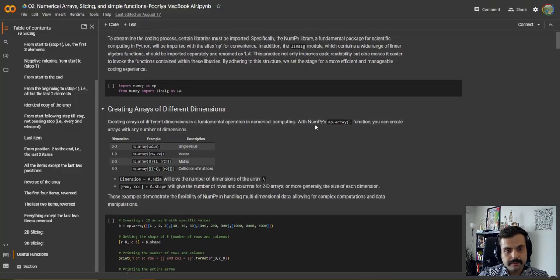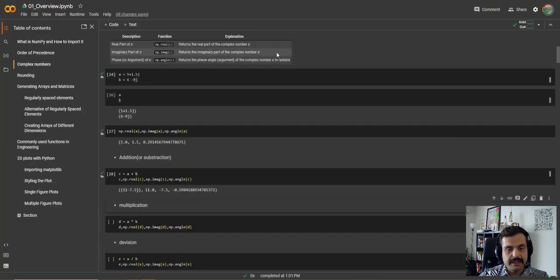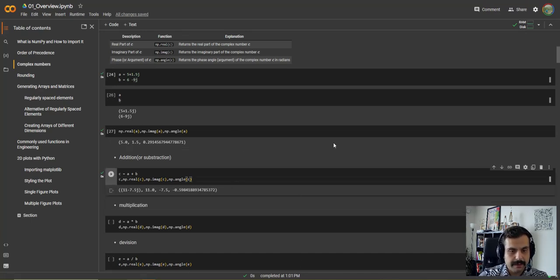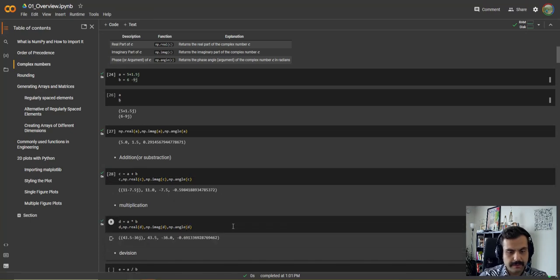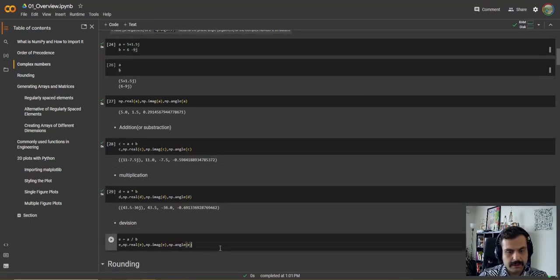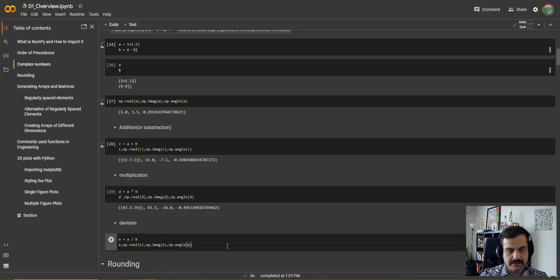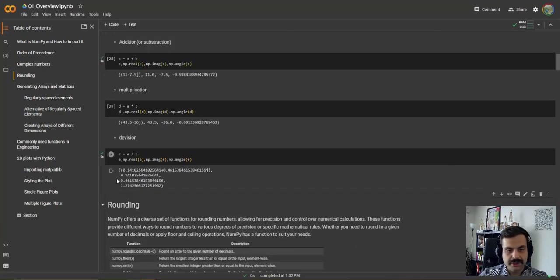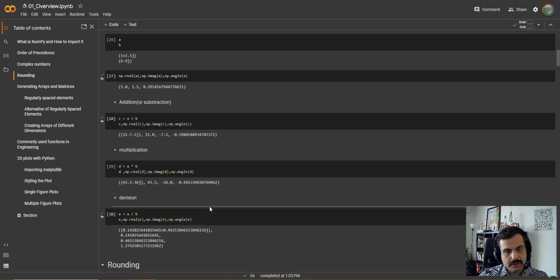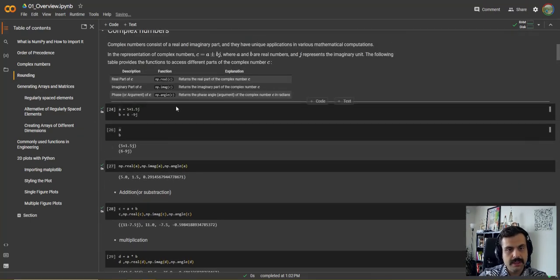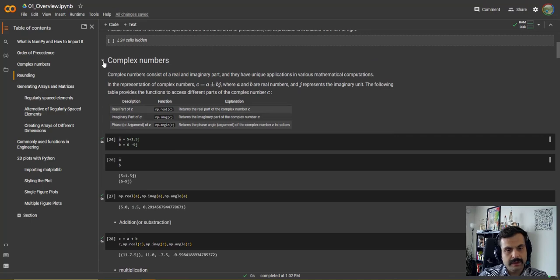So without going through that pain, we can just use Python to get those values, and there we go. We get the real part, imaginary part, and even the angle can be utilized. And I'm asking to reprint D, which is the multiplication result, and the division as well. So these are very useful tools if you're dealing with them.